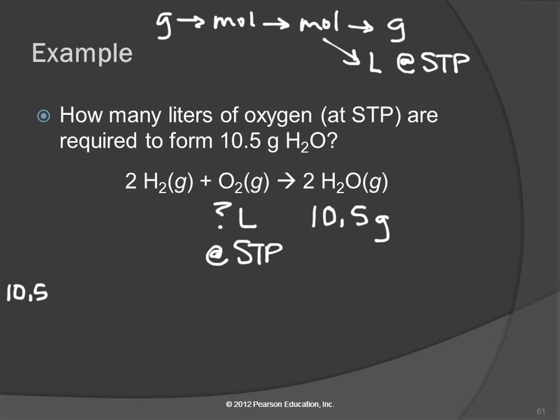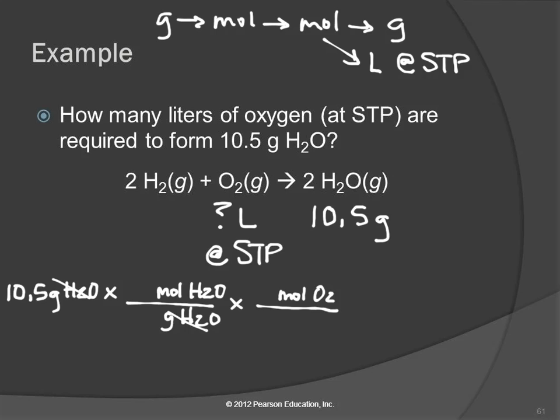10.5 grams of H2O. What's next here? On top, moles of H2O. And what do we want on the bottom? Grams of H2O. So those guys cancel. We're going moles of water to what? Moles of oxygen.